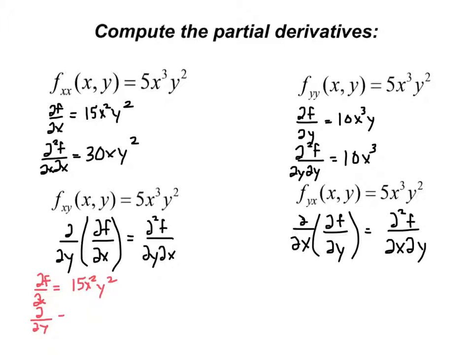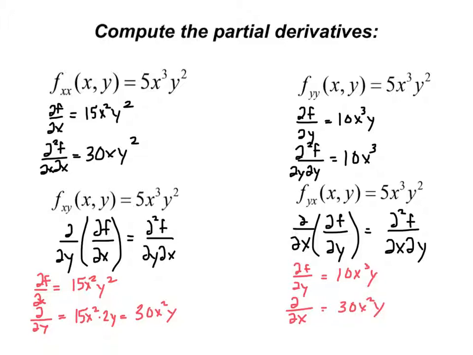So we'd have 15x squared times 2y, we'd have 30x squared y. Okay? Whereas on this one, we start with the derivative of f with respect to y, which we found to be 10x cubed y, and now we find the derivative of that with respect to x, which would be 30x squared y. You'll notice they are the same.